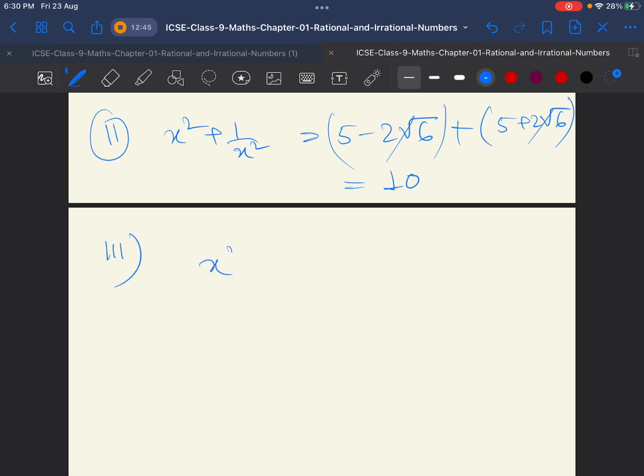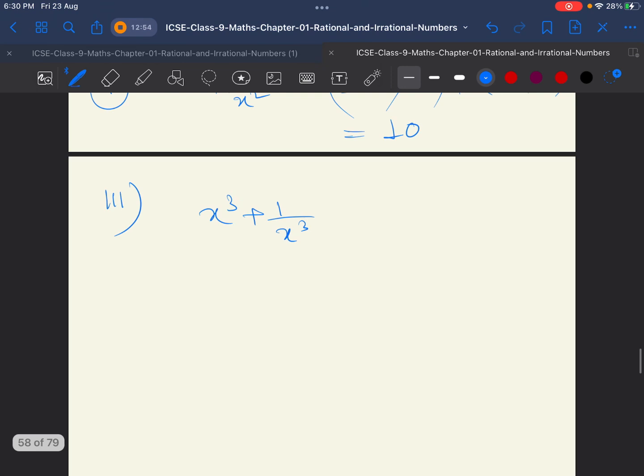Now question number 3, x cube plus 1 by x cube. Okay, so we know x plus 1 by x whole cube.